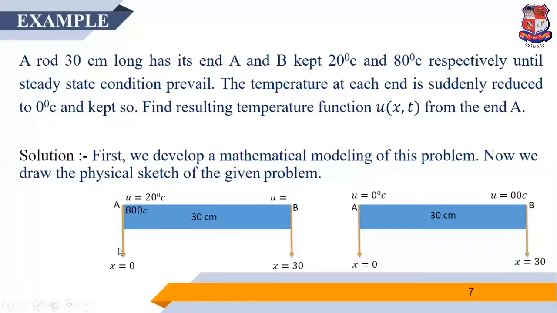So the left end we consider x = 0, and the length is 30, so at the right end we consider x = 30. In the physical sketch, again I repeat, a 30 centimeter long rod, at A end 20 degrees, at B end temperature 80 degrees. The left end is x = 0 and the right end is x = 30.